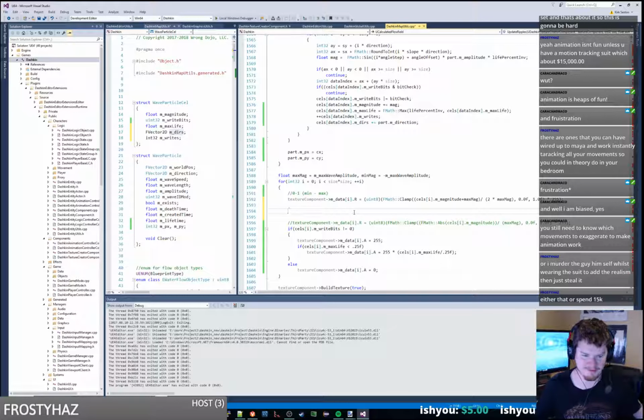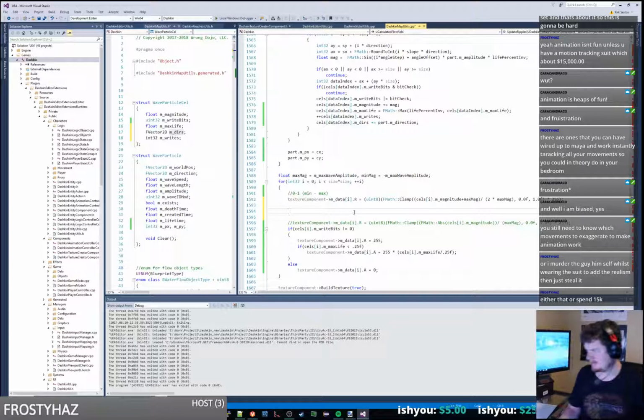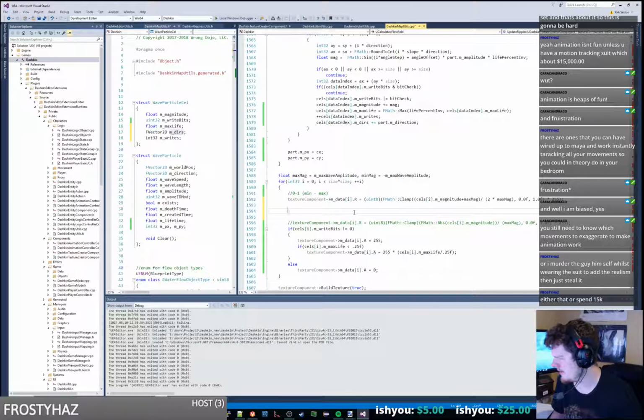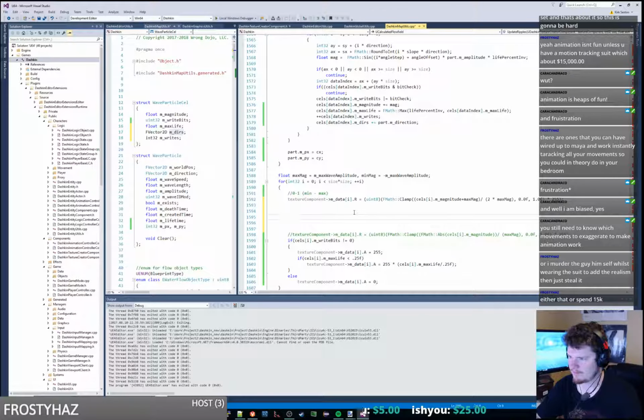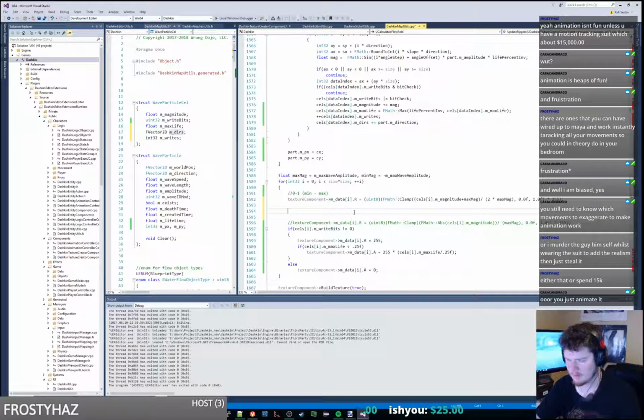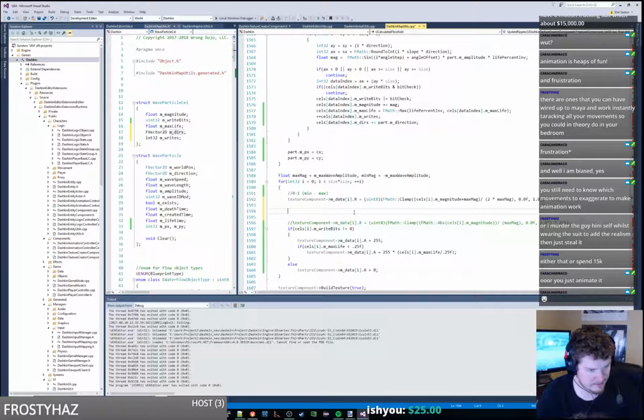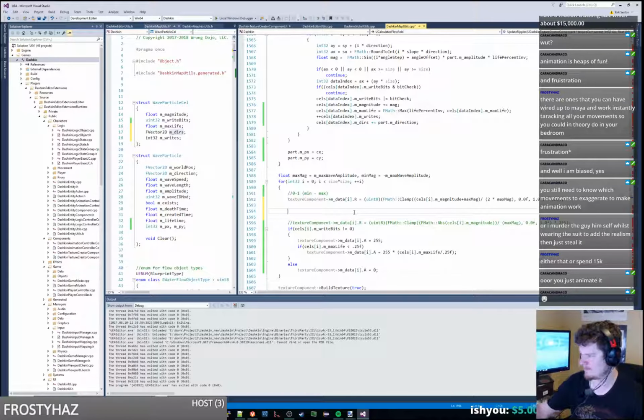Either that or spend 15k. Well, it depends, right? I don't know. Yeah, pretty much the only way I got an artist on my team is the way Adam and I actually met. I ran into him once at work, and then 3 years later he was randomly having trouble with his server on Facebook, so I volunteered to help him out.